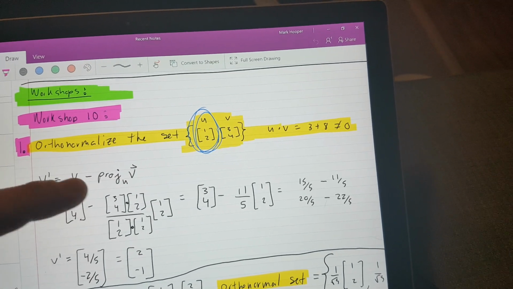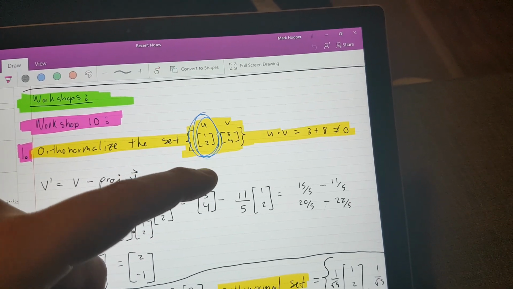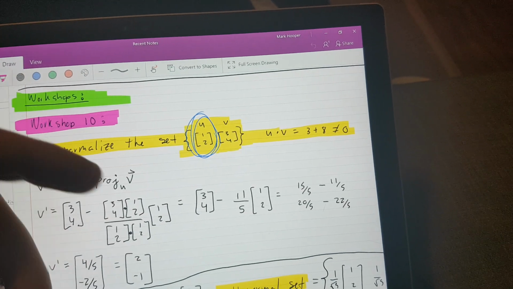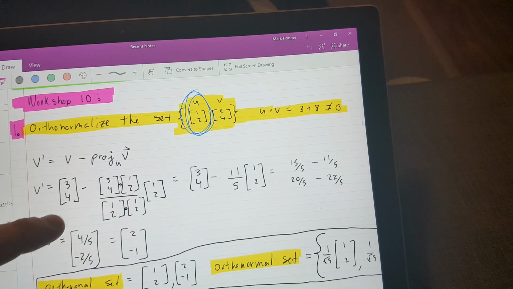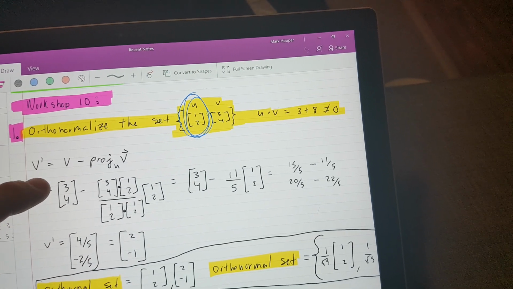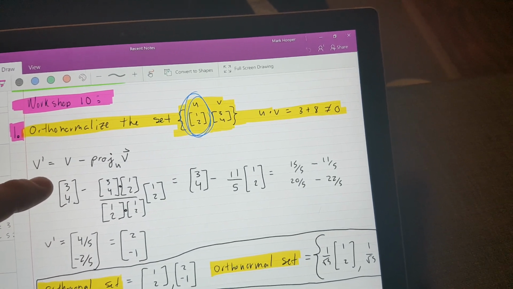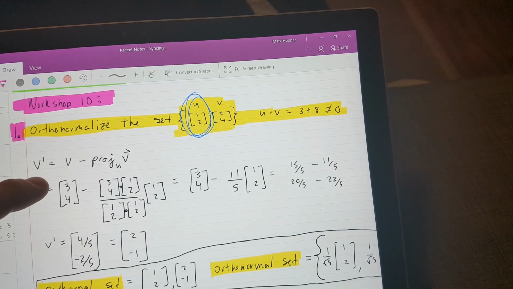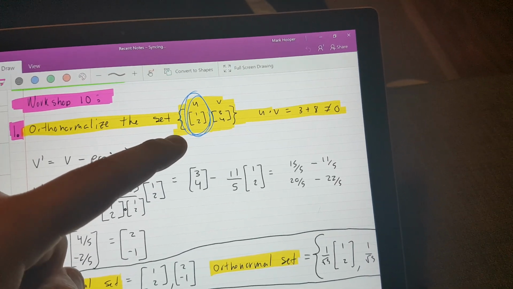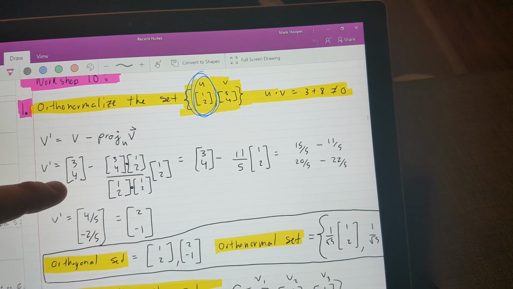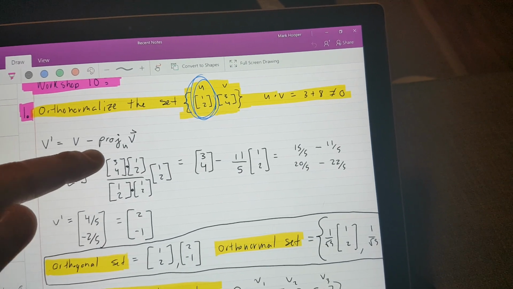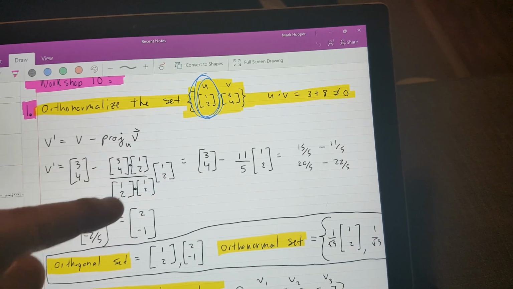So if you want to, you just pick a vector that you want to leave alone, and then you can make the other guy normal to him. So what you can do is v prime, I'm going to call it, is going to be the vector that is going to be normal to u. I should write u prime. I do this later in this notation, but anyway. So v prime equals v minus the projection of v onto u.